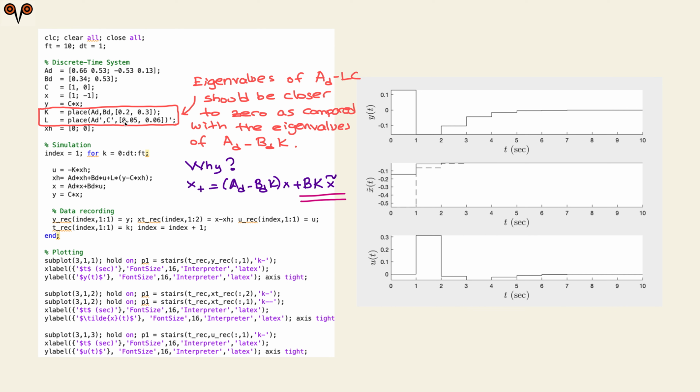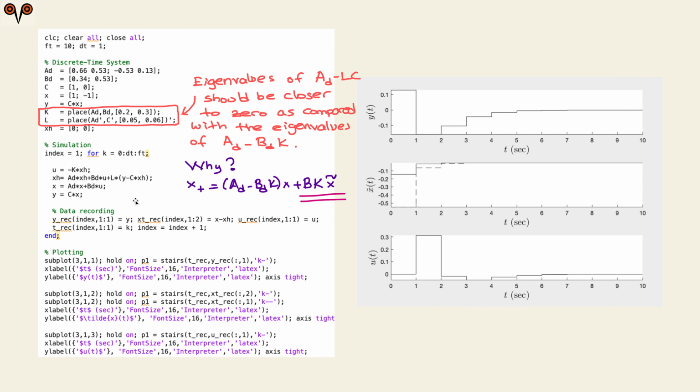So for this reason, I am choosing desired eigenvalues for the observation error L close to the origin. X hat is 0 initial condition. Why not, since we don't know X?